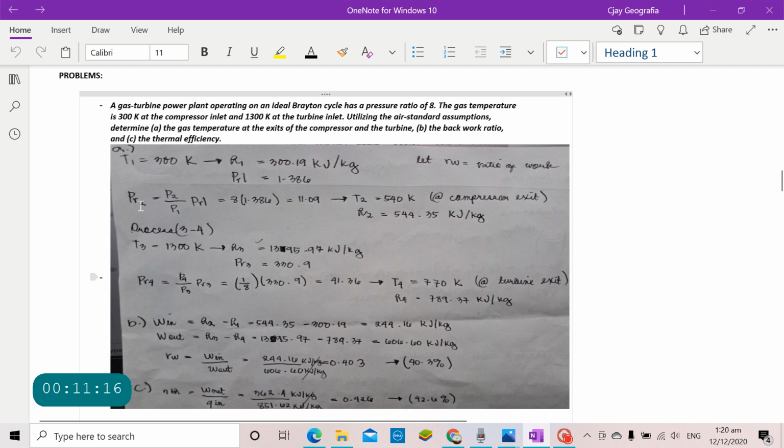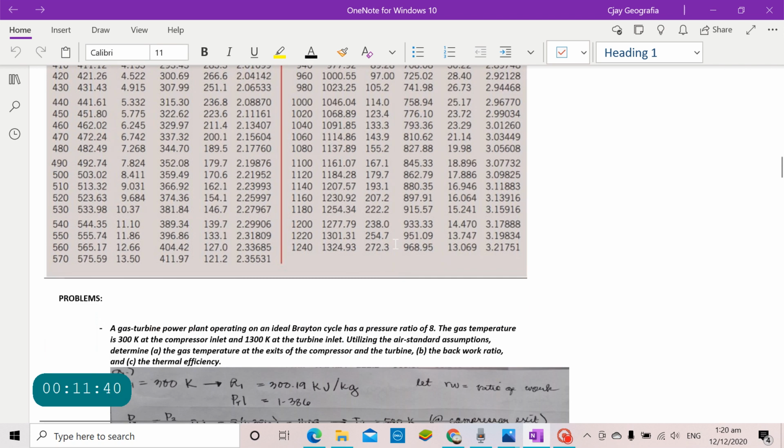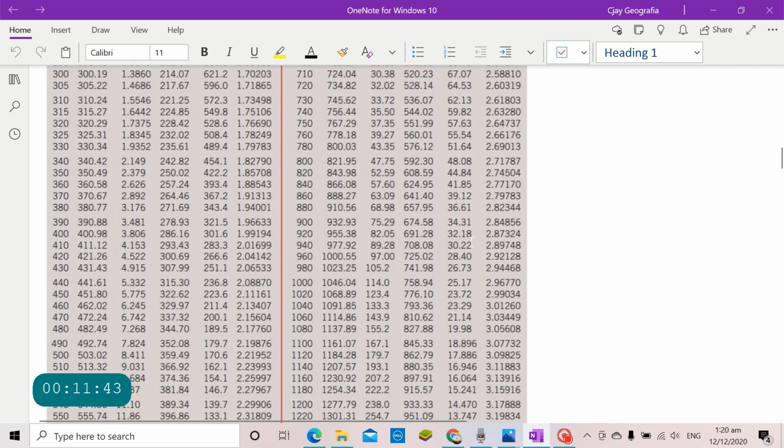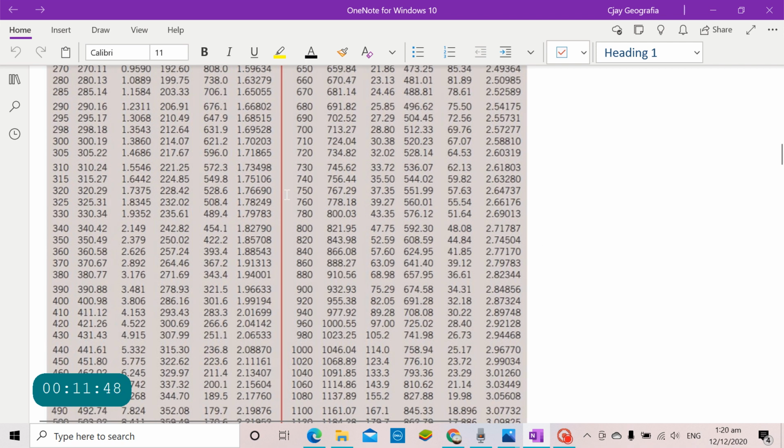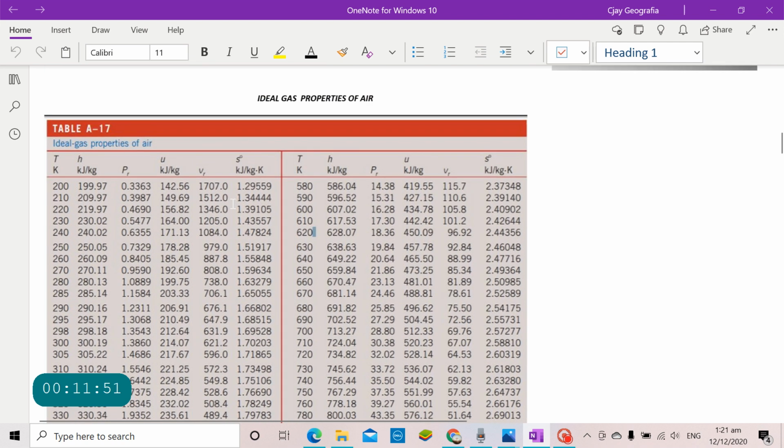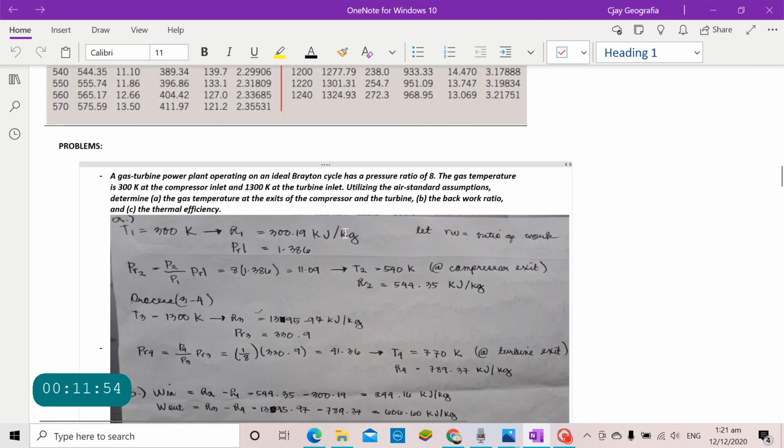The pressure ratio of 11.9 is equivalent to T2 equal to 540 K according to the table, and also H2 is equal to 544.35. As you can see in the table, it's our basis in determining the temperature and its values for the pressure ratio and volume ratio.